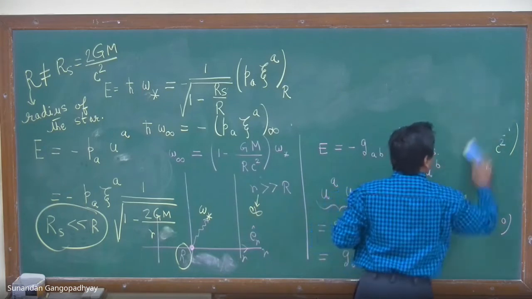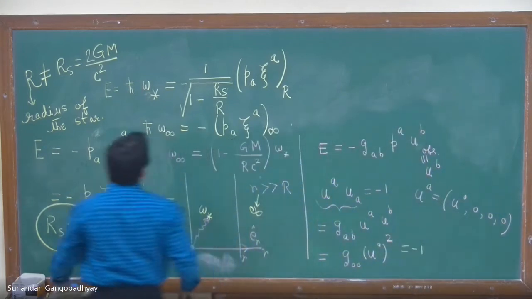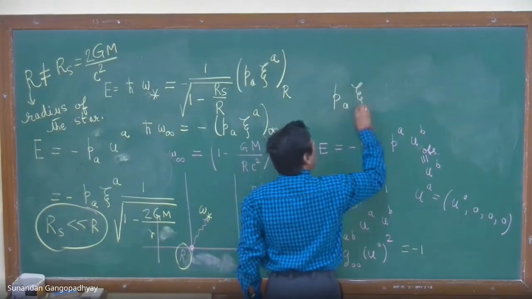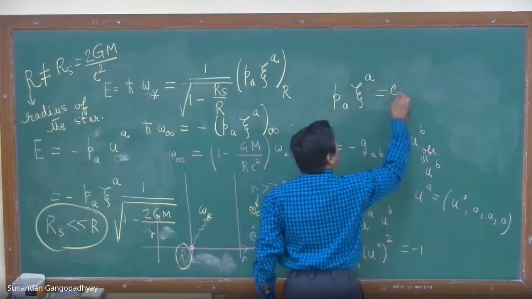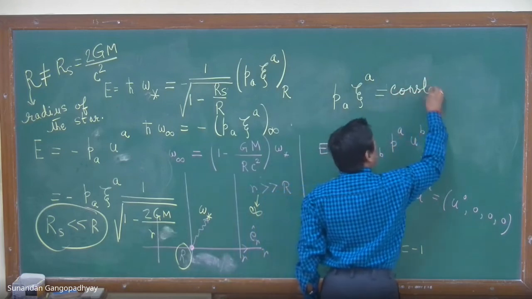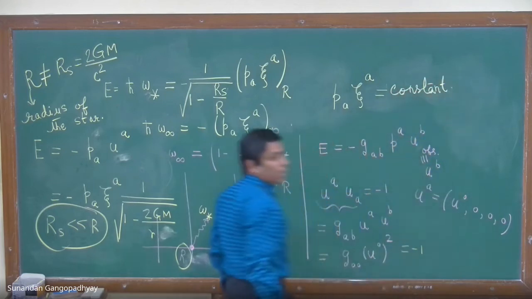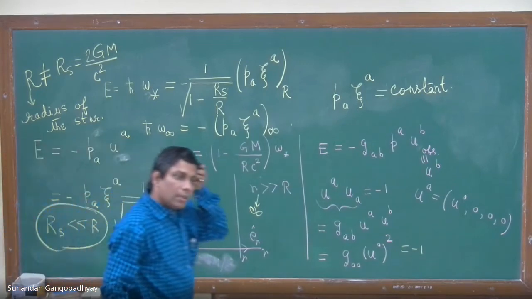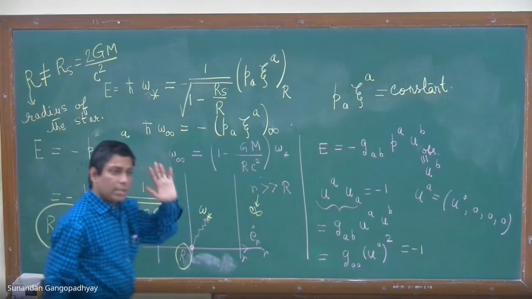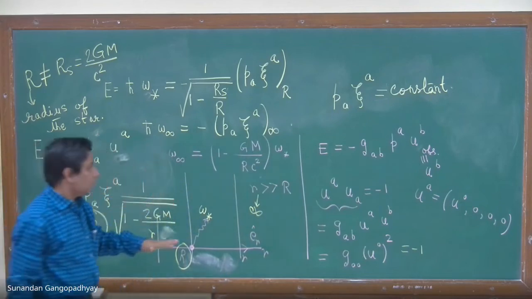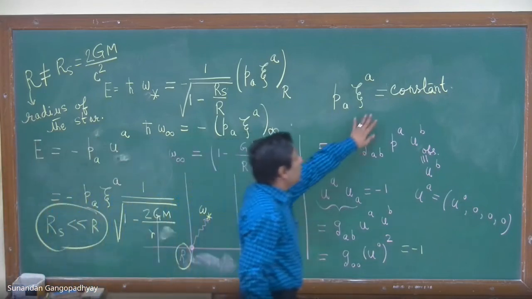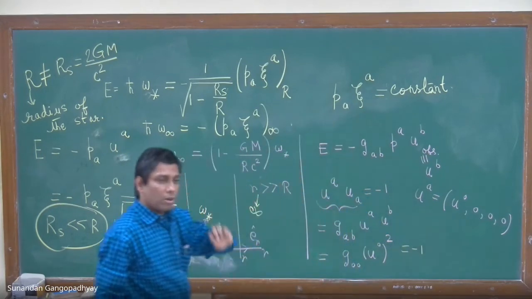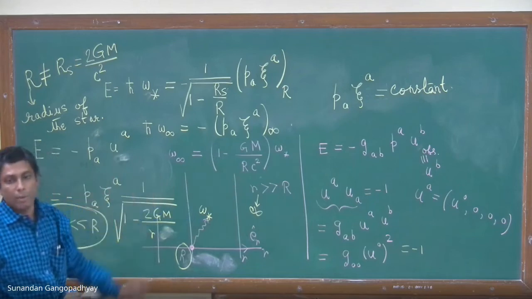The input is the following, that this P_A psi^A is a constant along a geodesic. Now, what do I mean by a geodesic? Roughly speaking, we shall come to it in detail later. A geodesic is basically the shortest distance between two points in a curved manifold.